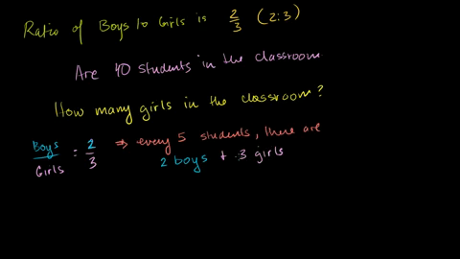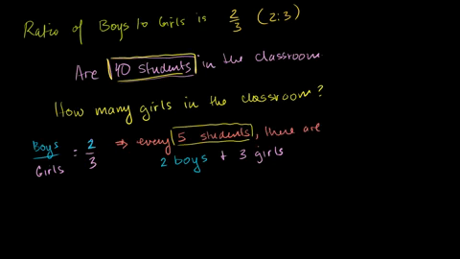Now, why is this statement helpful? Well, how many groups of 5 students do I have? I have 40 students in my class. And for every 5 students, there are 2 boys and 3 girls. So how many groups of 5 students do I have? So I have a total of 40 students.